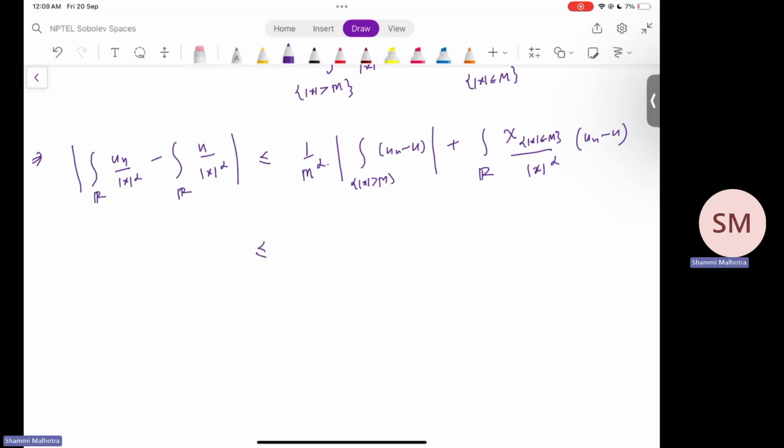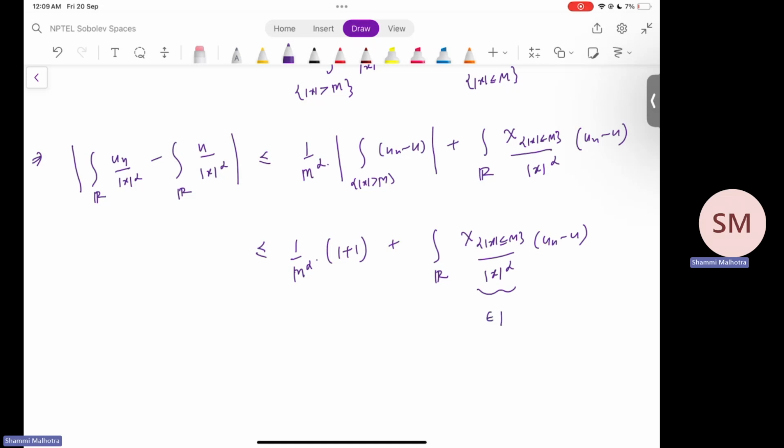And finally, since u_n and u are all belonging to K, we can write the whole thing as m^α into (1 plus 1), times the integration over R of the characteristic function of |x| less than or equal to m, divided by |x|^α, into (u_n minus u).